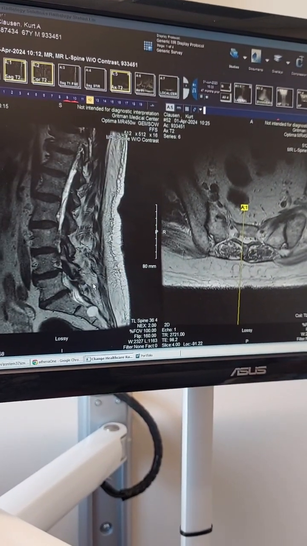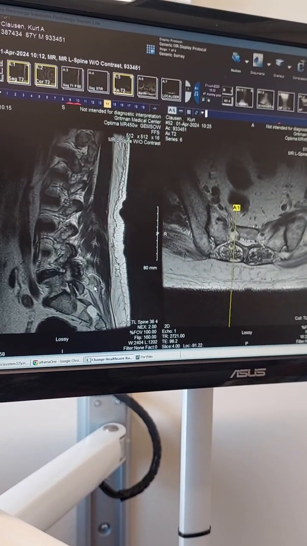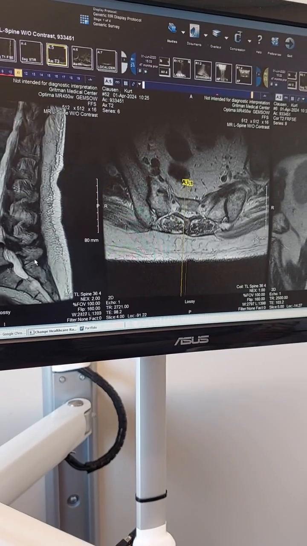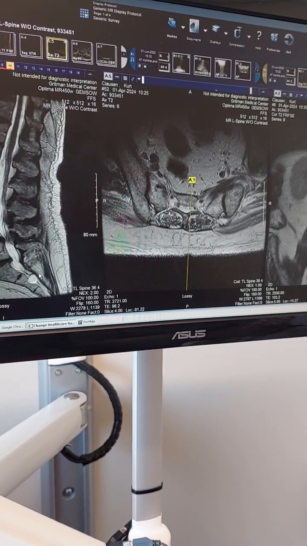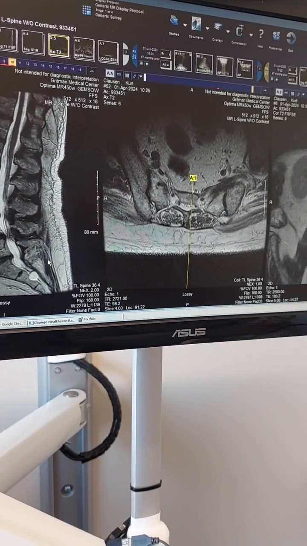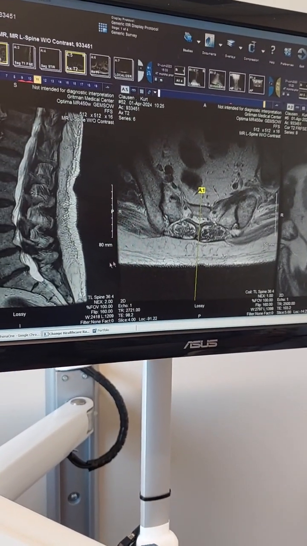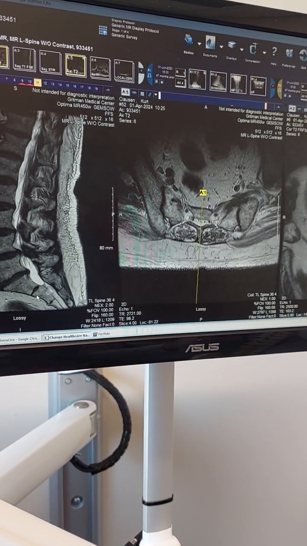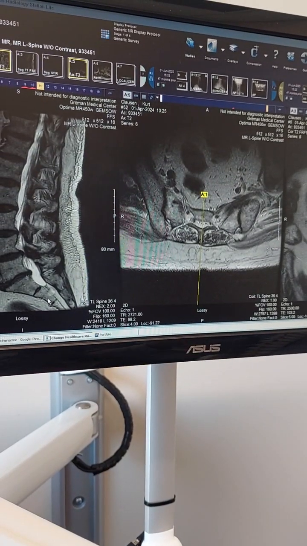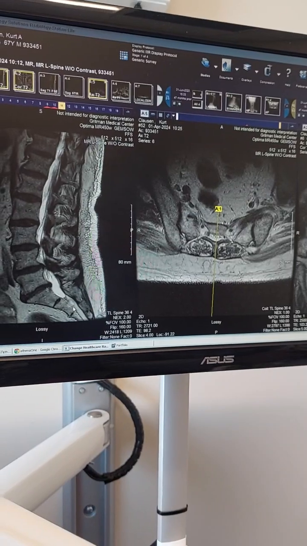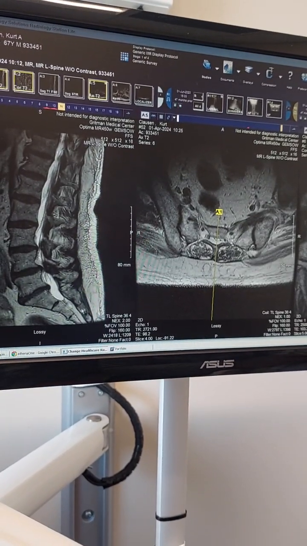That's a discussion between you and the neurosurgeon. Same thing, we may talk about at some point doing a transforaminal and seeing if, when these are released and the pressure is off, your symptoms change or not. So our goal is to put an anti-inflammatory in there and just reduce it down.